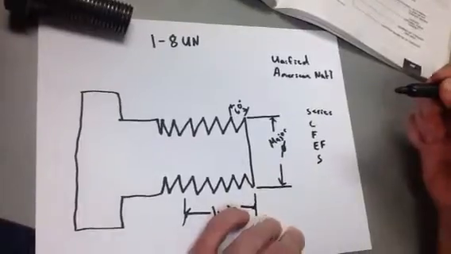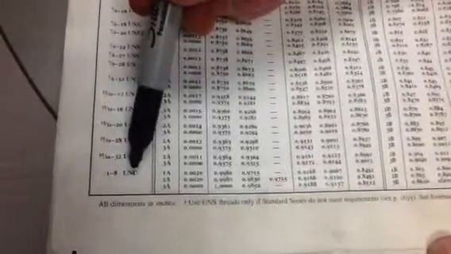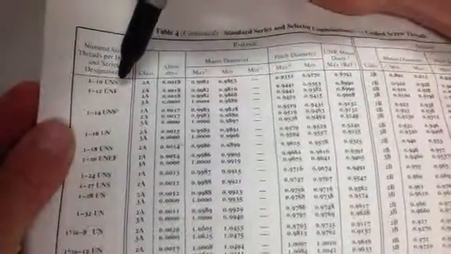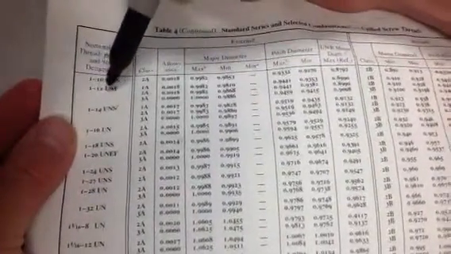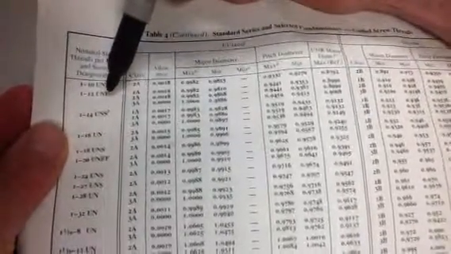If I come over and look in my Machinery's Handbook, you will see 1 inch 8 is a unified national coarse. Now, I'm going to have to flip pages. We come here, there's a 1 inch 10, that's a special. You're not going to see that appear on most of your charts, but you will see this 1 inch 12 appear, which is a national fine.